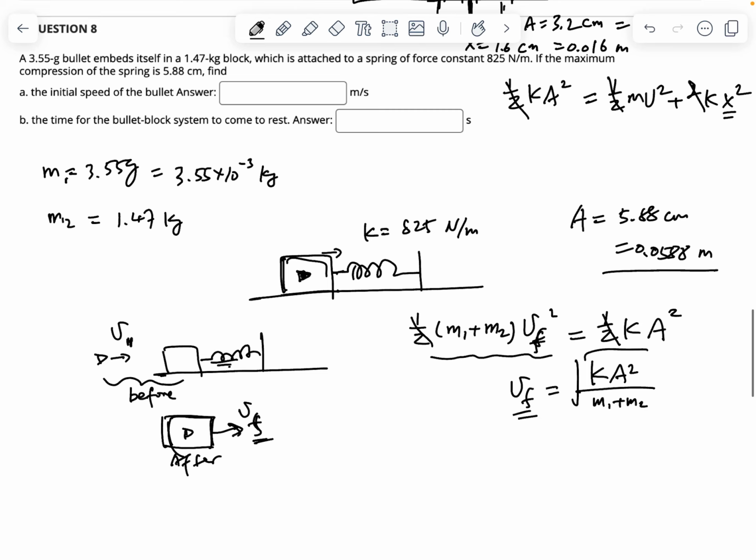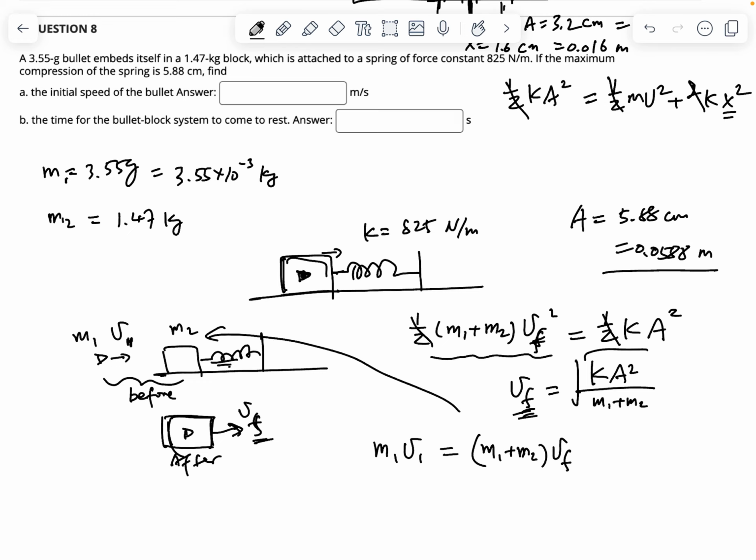After you figure out VF, we go back to the collision scenario. When you have a collision, you always have momentum conservation. So m1 v1 is the total momentum before the bullet hits the block, and after the bullet hits the block, the momentum is (m1 plus m2) VF.